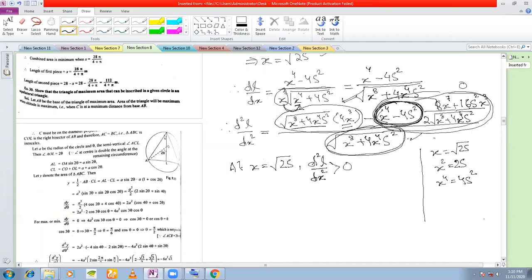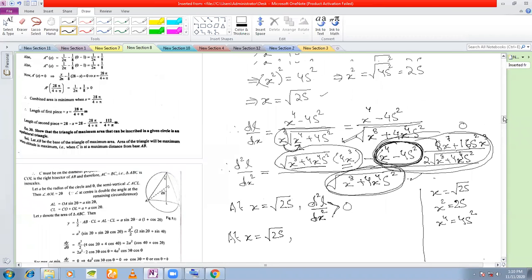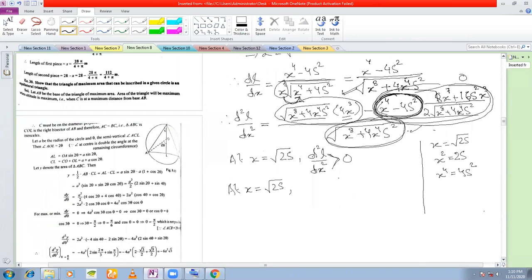Then positive by a positive has to be positive. Finished. So don't be afraid of differentiation, you just need the sign. So at x is equal to root 2s, which one is minimum? The length of the hypotenuse, right? L is minimum, right?